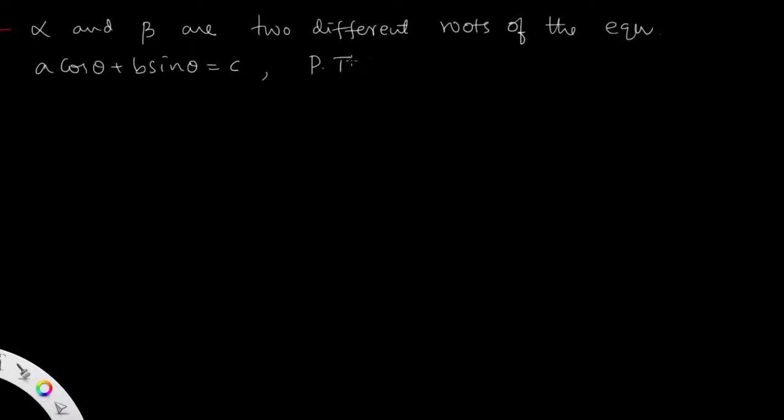Prove that tan of alpha plus beta equals dash, and second, cos of alpha plus beta equals dash.